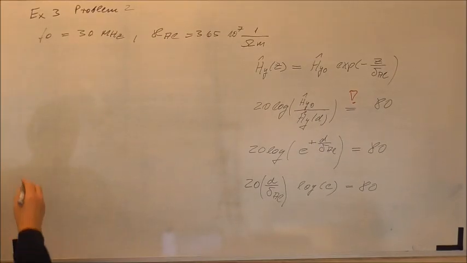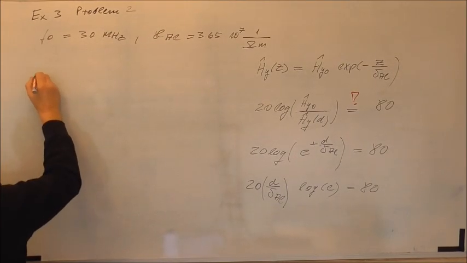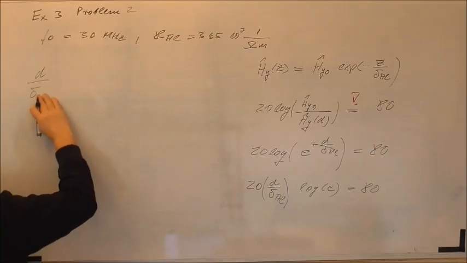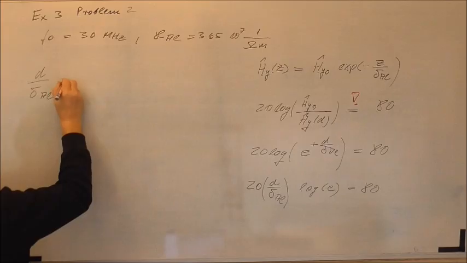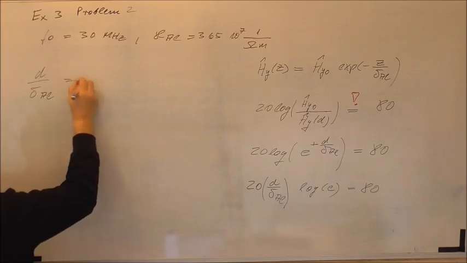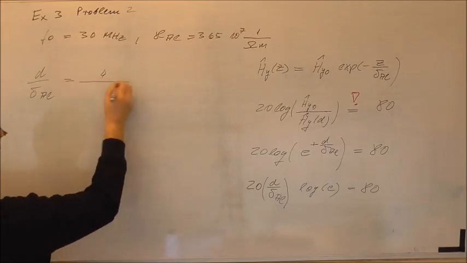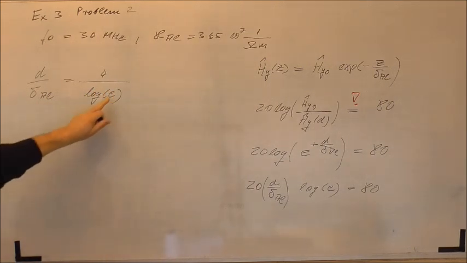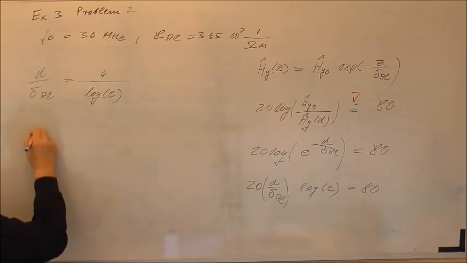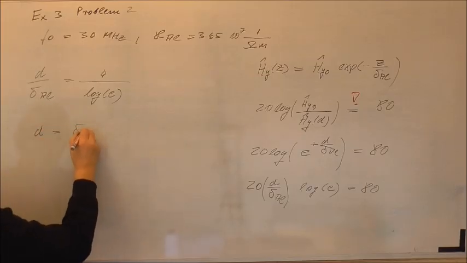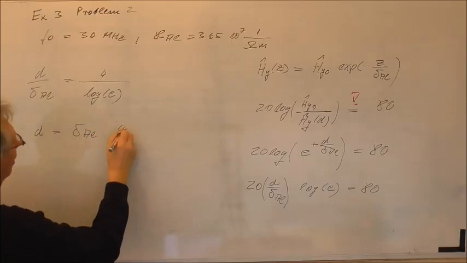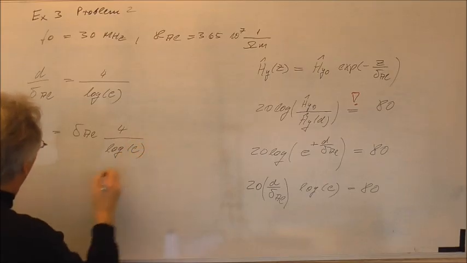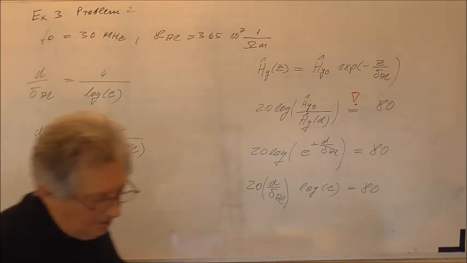Now we can say the distance with reference to delta RL must be 4 divided by log of e, and so for d we get delta RL times 4 divided by log of e. And of course we can insert the numbers now.